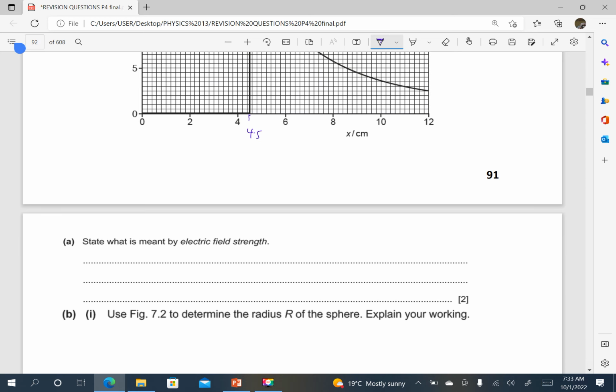The force per unit charge acting on a positive charge is what we call the electric field strength.